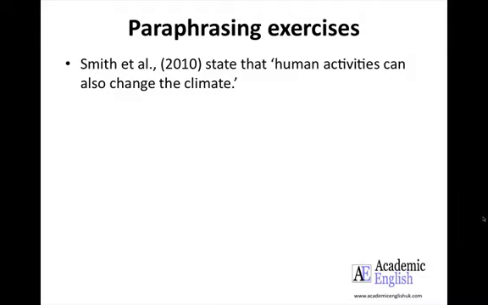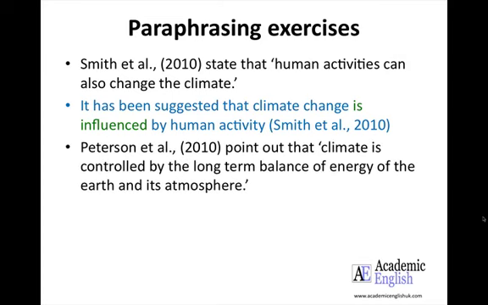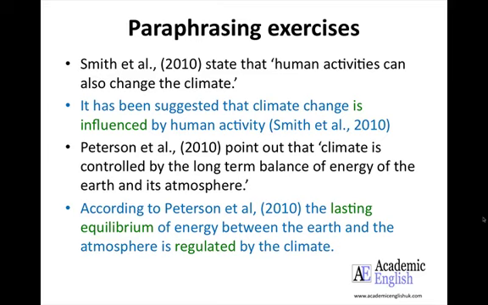Smith et al. state that human activities can also change the climate. It has been suggested that climate change is influenced by human activity. Peterson et al. point out that climate is controlled by the long-term balance of energy of the Earth and its atmosphere.